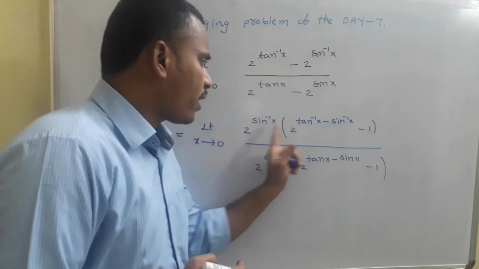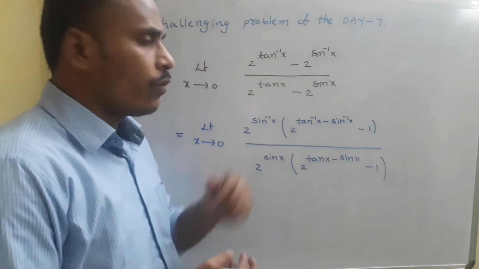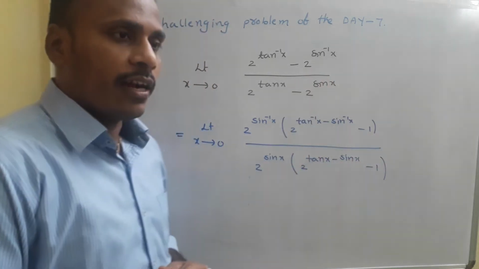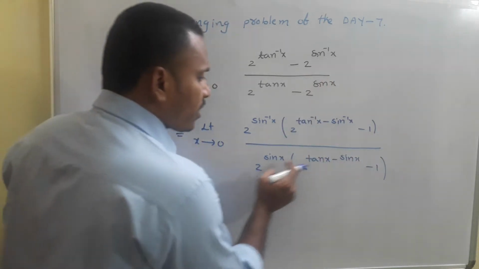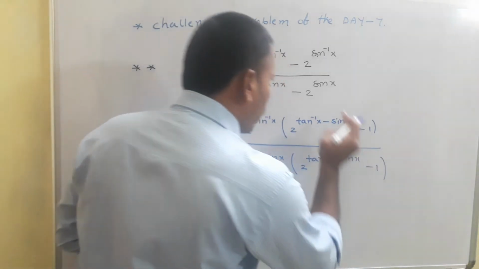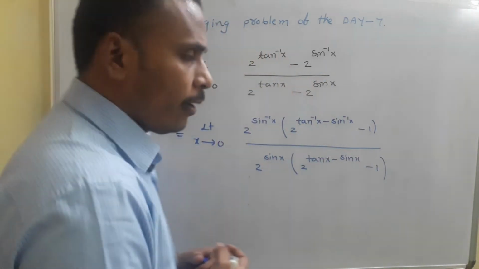2^(sin⁻¹x) into 2^(tan⁻¹x − sin⁻¹x) is 2^(tan⁻¹x), and 2^(sin⁻¹x) into 1 is 2^(sin⁻¹x). Likewise, 2^(sin x) into 2^(tan x − sin x) is 2^(tan x), and 2^(sin x) into 1 is 2^(sin x). Okay?